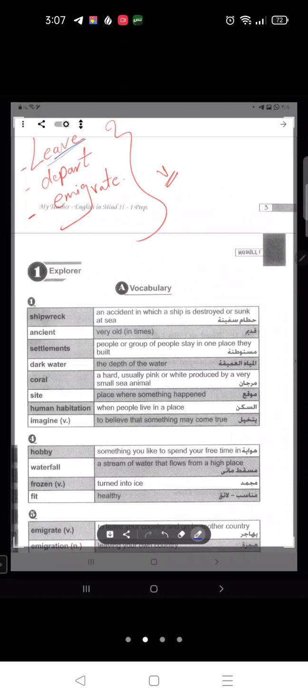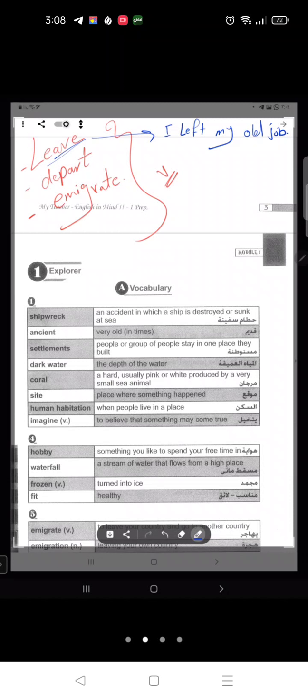Like saying what? I could say, I left my old job. So this means that in the past I had a job, okay? But nowadays I have another job. So this means that I already left my old job.